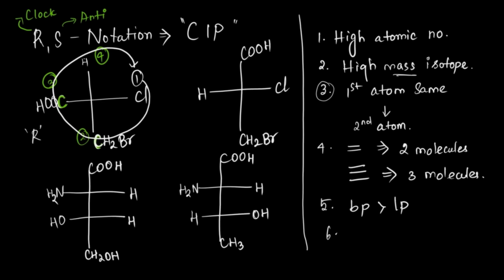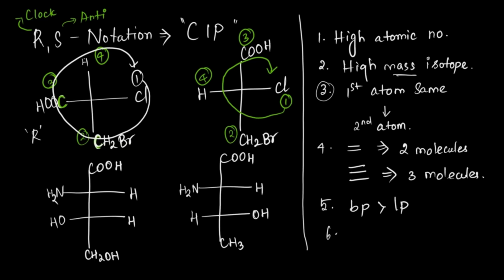So let's go to the second example. Once again the priority groups are the same, because I just took the same example in a different position, so the priority order will be the same. Will that change the notation? Let's see. Cl, CH2Br, okay, so I can go like this. Is it clockwise or anti-clockwise? It is clockwise. It should be R, but it is not.